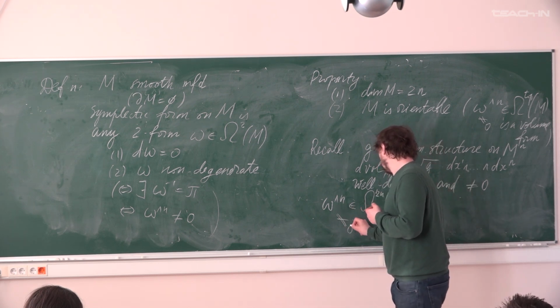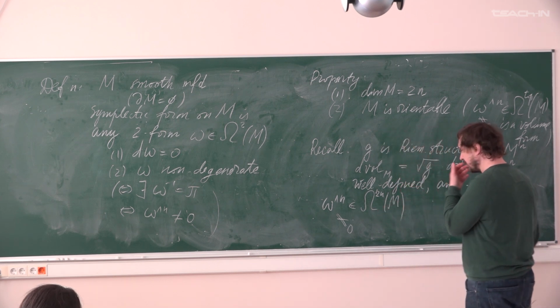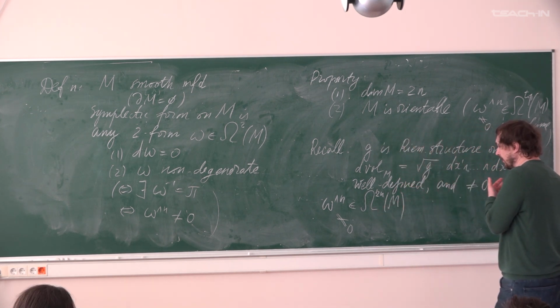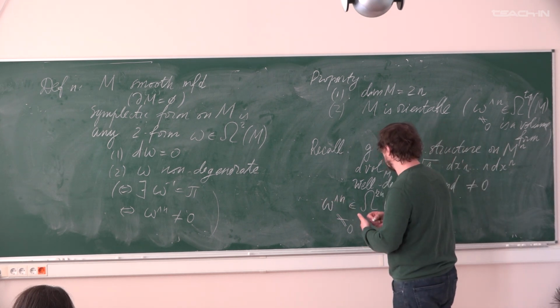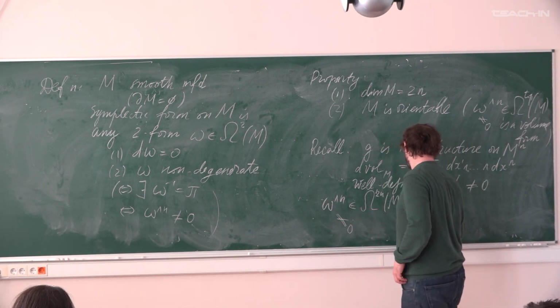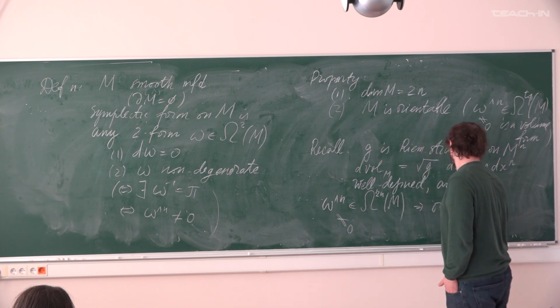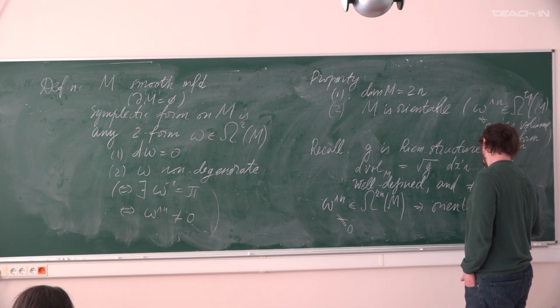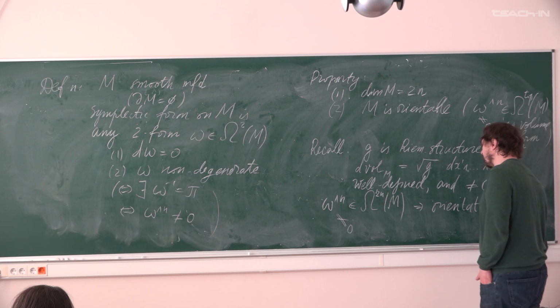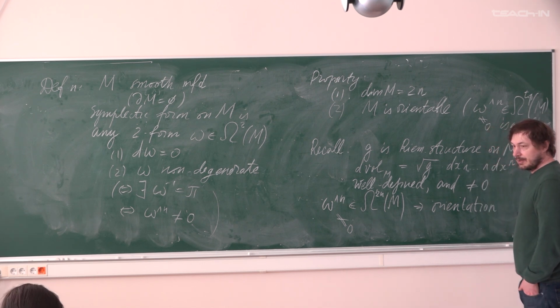Since it is nowhere zero, this form defines an orientation on M. If you remember, a choice of orientation on a manifold amounts to the choice of a nowhere vanishing top degree differential form, a volume form.